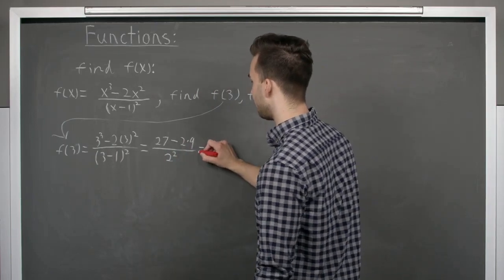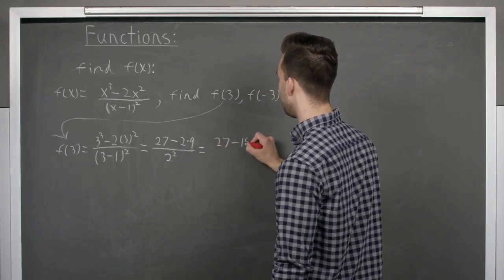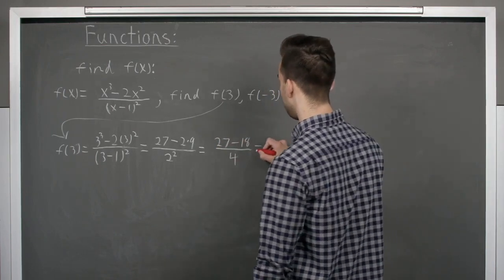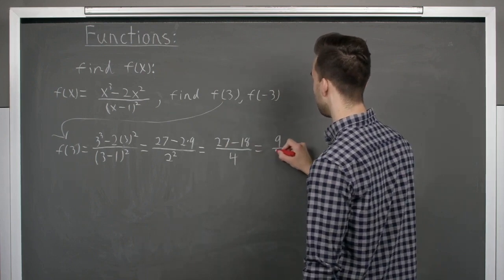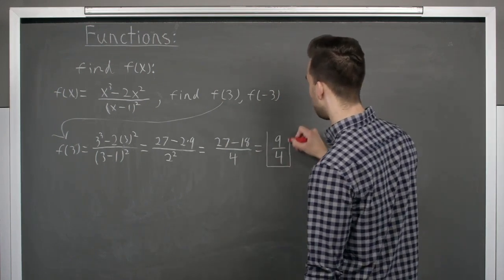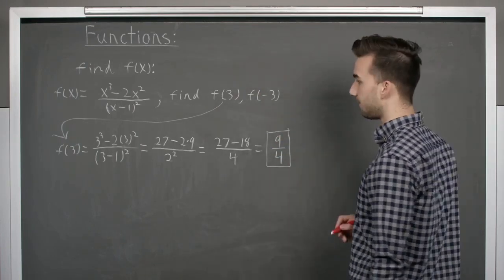And we can write this as 27 minus 18 over 4. So 27 minus 18 is 9. So we have 9 over 4. And we can't simplify this any further. So this is our solution for f of 3.